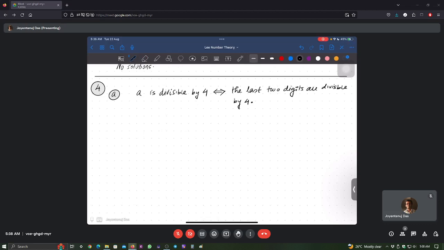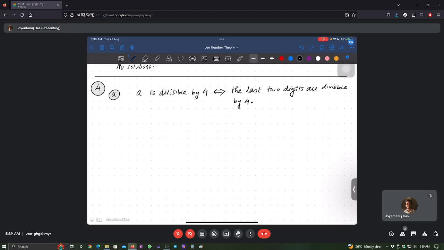Let's see. The last 2 digits. Since there is an if and only if condition, you have to do both directions. So let us assume that A is divisible by 4.